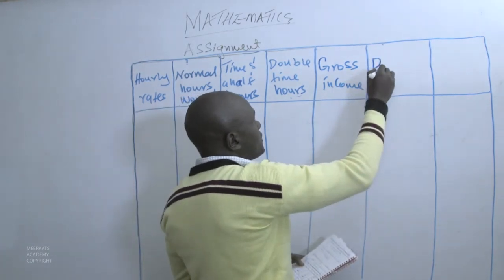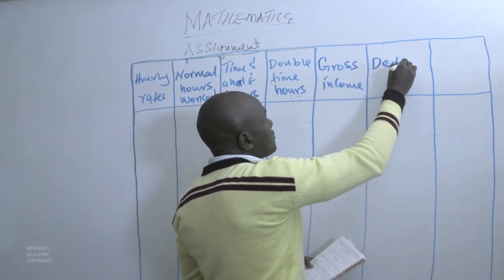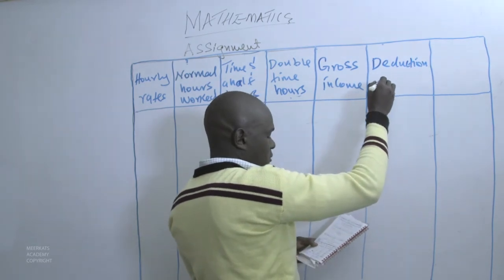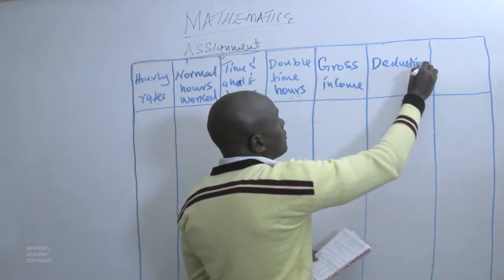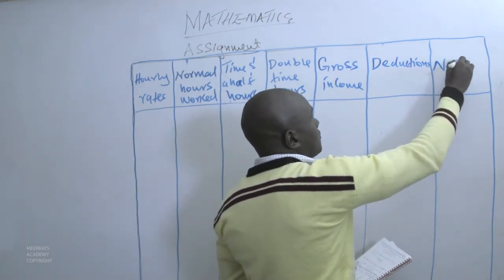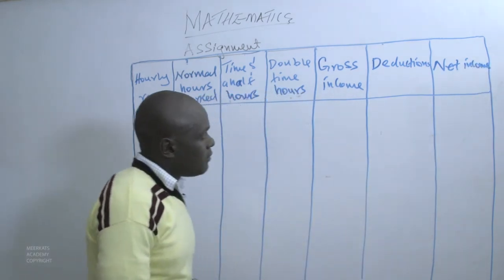Then in this sixth column we have deductions. And lastly, we have the net income.